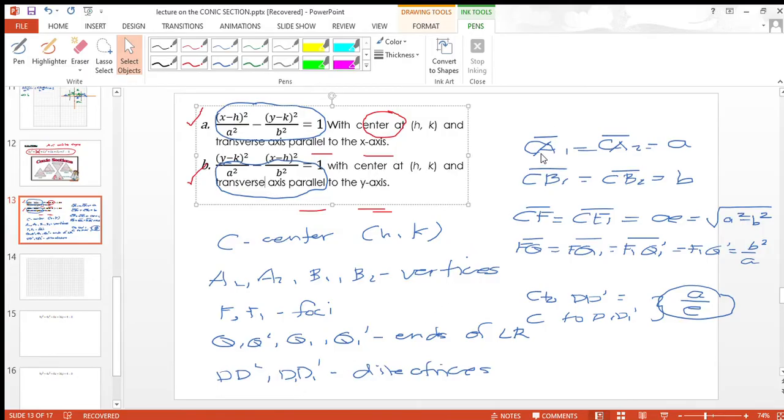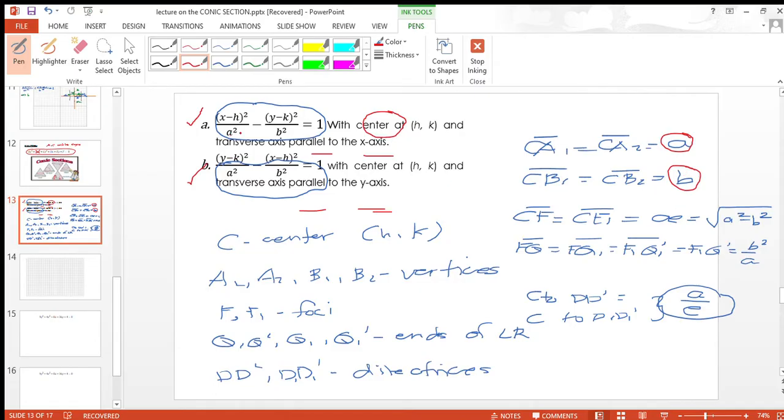Same thing will happen: center to A1, center to A2 will be equal to A. Center to B1, center to B2 would still be equal to B. But again, this time, we don't mind whether A is less than B or A is greater than B or they may be equal. Okay?